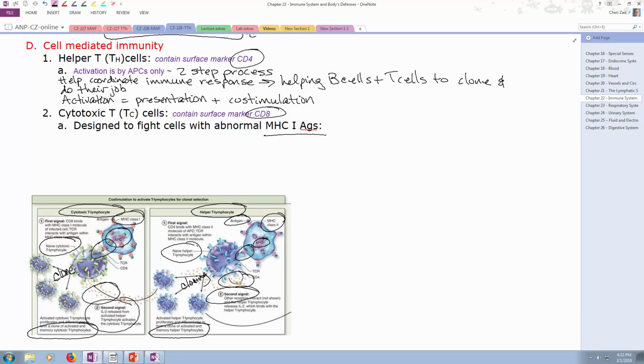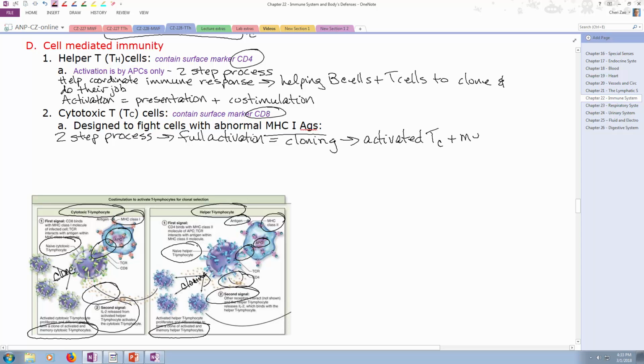Again, this is a two-step process for full activation. And full activation equals cloning to produce activated or fighting cytotoxic T cells plus memory.